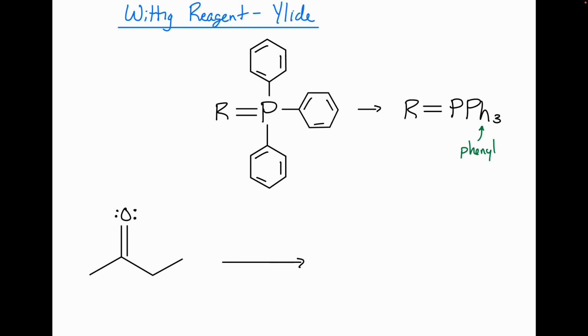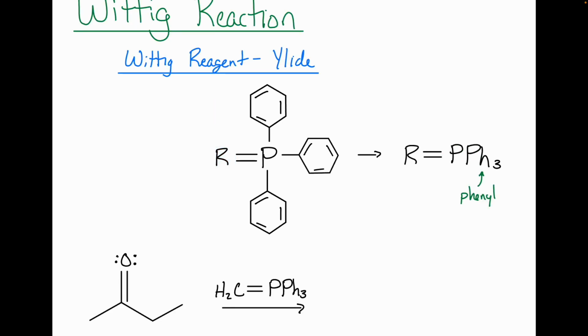We're going to react it just with our simplest ylide at first here. All right, so the carbon in our ylides has a lot of electron density here because phosphorus has this expanded octet. All right, so this is another example. Let's just note, well, let's do it in red.